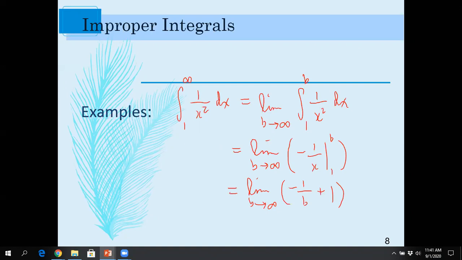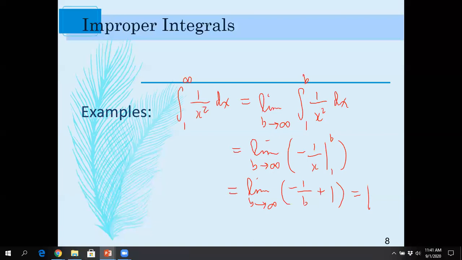Interesting. What happens as b goes to infinity with that negative 1 over b term? That goes to 0. So what does this go to overall? 1. The limit exists and is finite in this case. So what do you say about this integral?